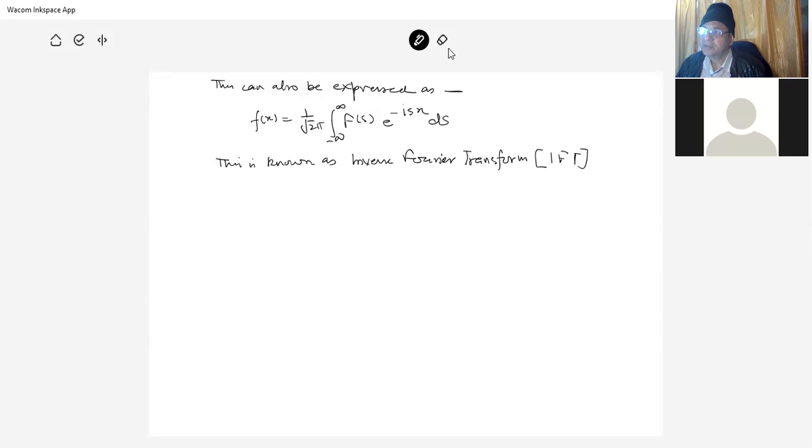FT is the Fourier transform, and IFT is the inverse Fourier transform.